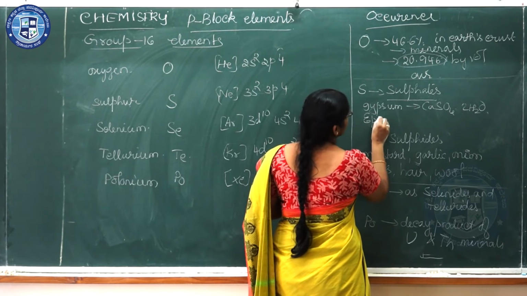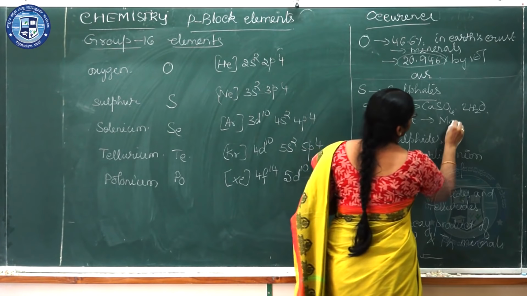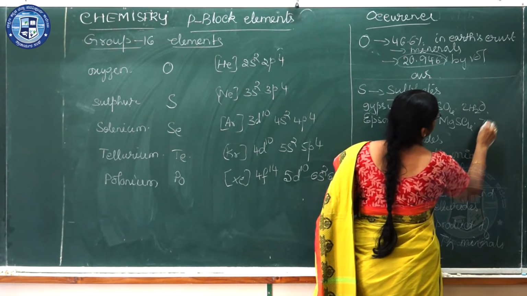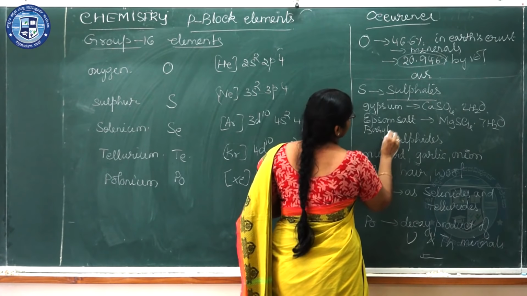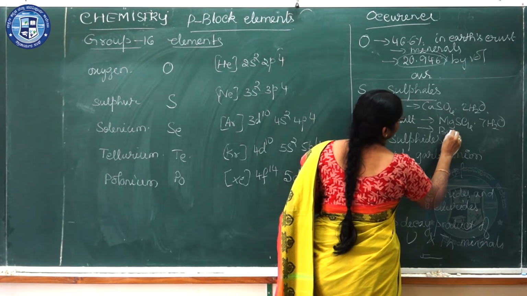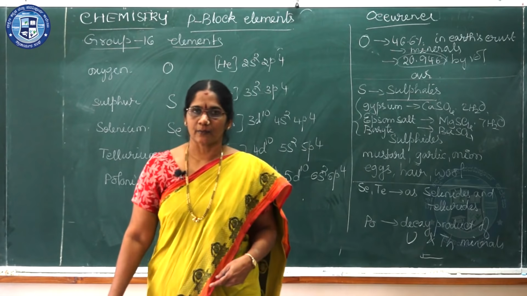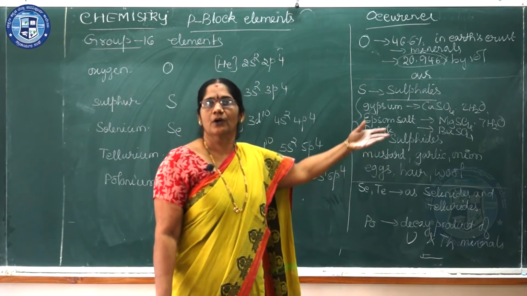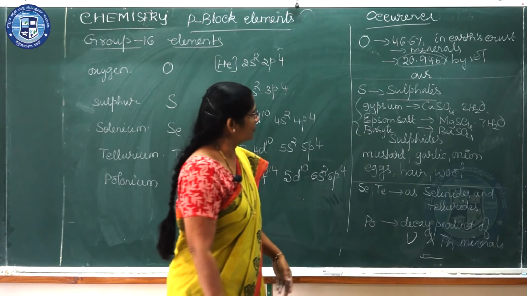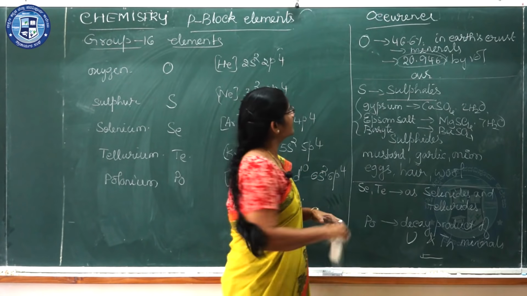Then one more is Epsom salt with the formula MgSO4·7H2O, and barite is a sulfate of barium, BaSO4. So these three sulfates of different metals are examples of ores or minerals of sulfur in the form of sulfates.